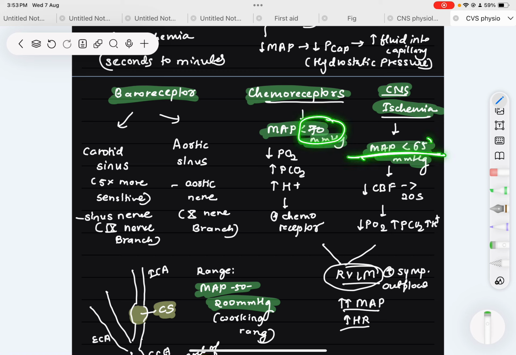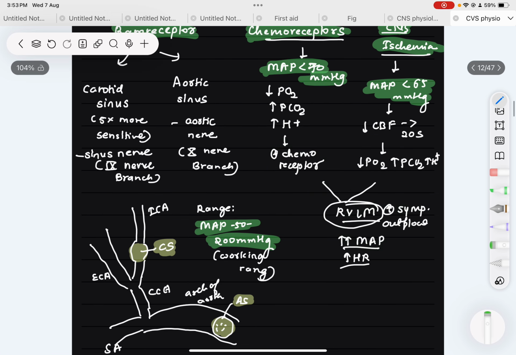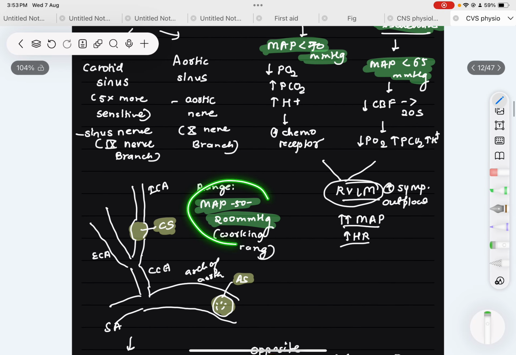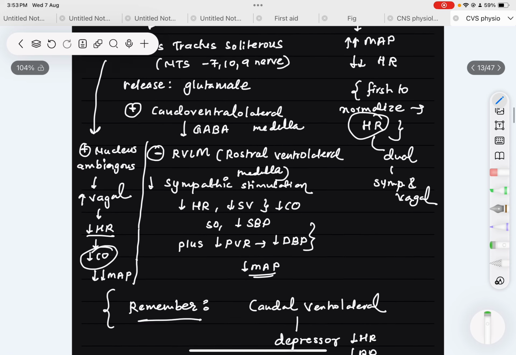So if less than 70 will happen, less than 65 will happen, what will happen? The PO2 decreases, PCO2 increases, H plus increases, and that's why chemoreceptor will be stimulated, and both will cause rostroventrolateral medulla activation. So sympathetic outflow will be increased, and this baroreceptor working range is 50 to 200 mmHg.